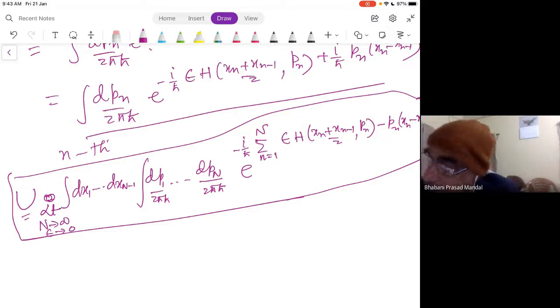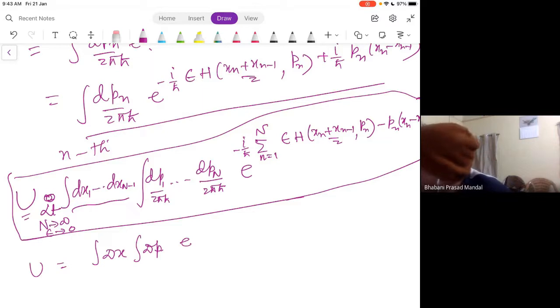So let me write this compactly, this as d of x, compactly as this is d of p, and then you will have u equal to this e to the power, I can write compactly, and then pn, okay, so e to the power minus i by h cut, or if I write plus, then better to write plus, because I'll write the first term.